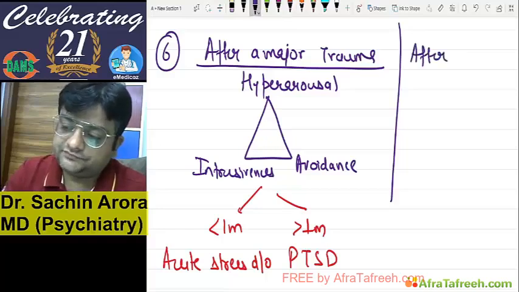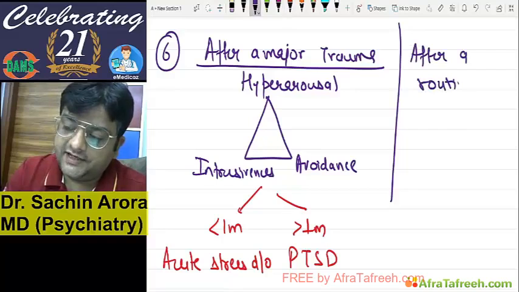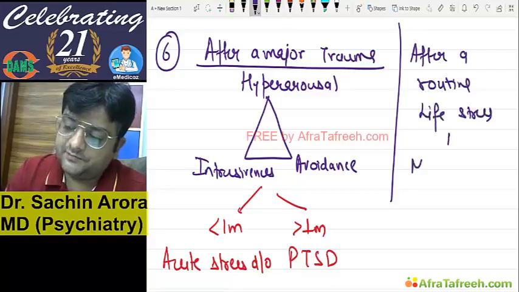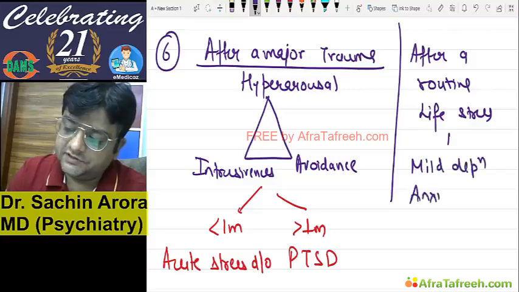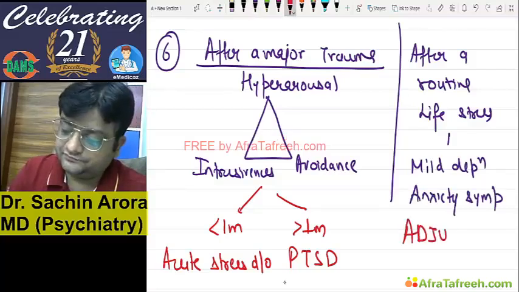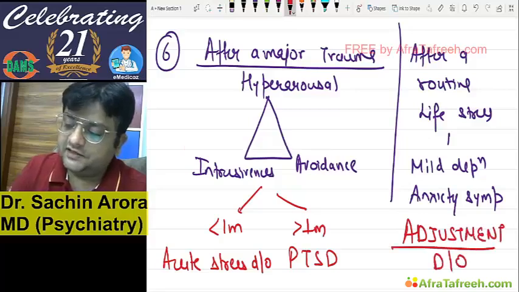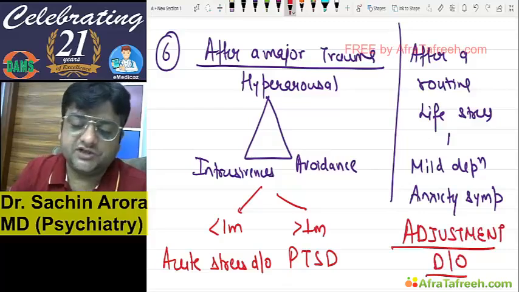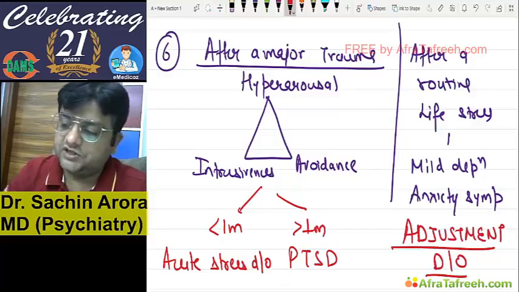After a routine life stress, if the patient gets mild depression and anxiety symptoms, we call it adjustment disorder. You might get a case to differentiate adjustment disorder from depression.